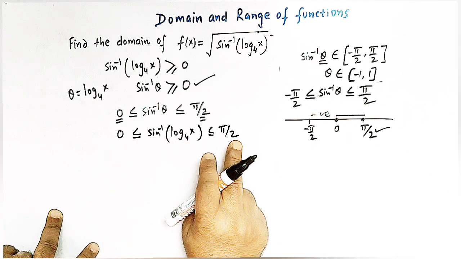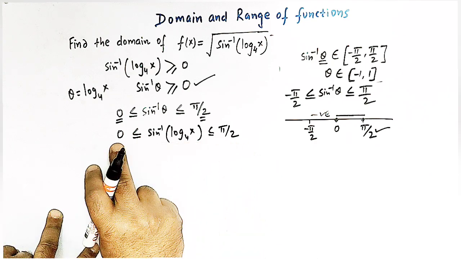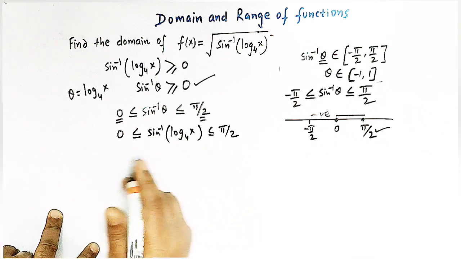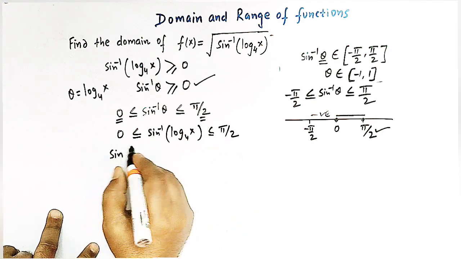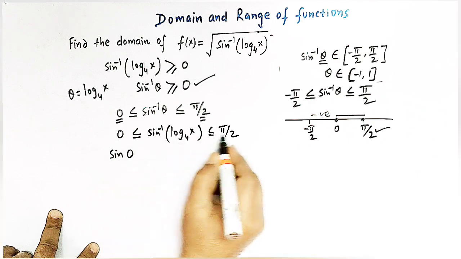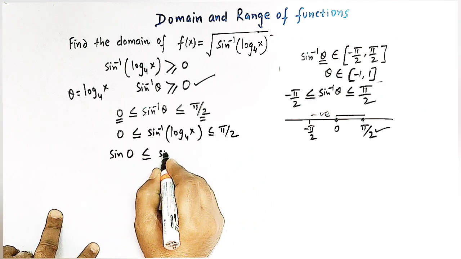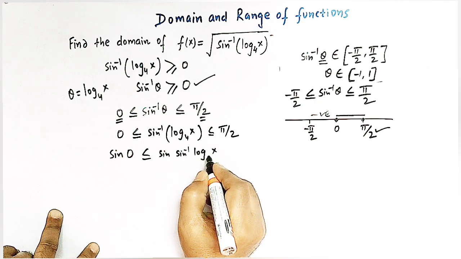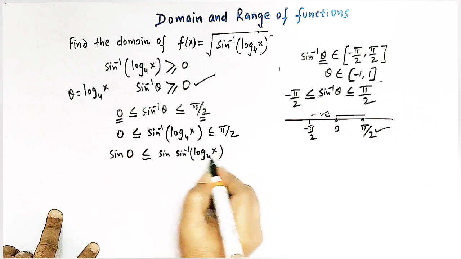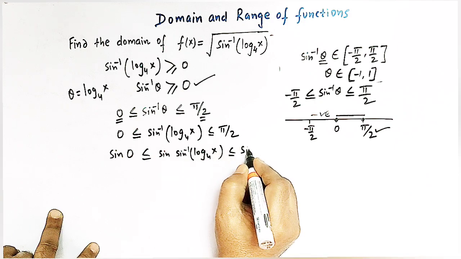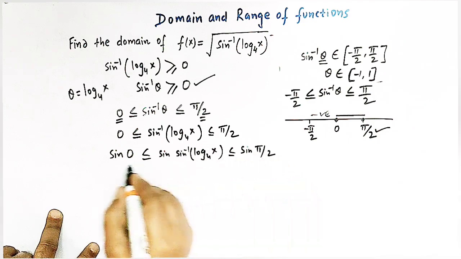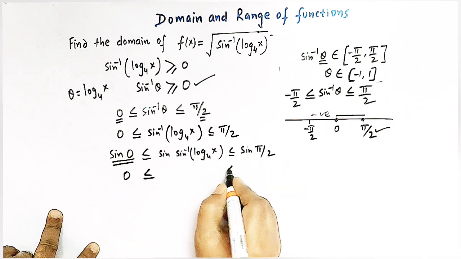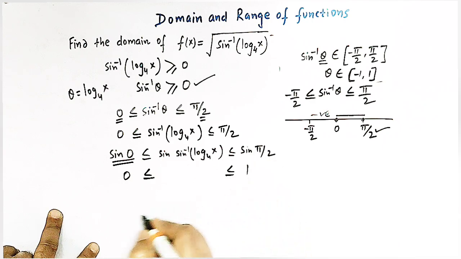Now we'll take the sine of these three quantities. So taking the sine, we have sine of 0, then sine of sine inverse log of x to the base 4, and sine of pi by 2. Now sine 0 is 0, and sine pi by 2 is 1.